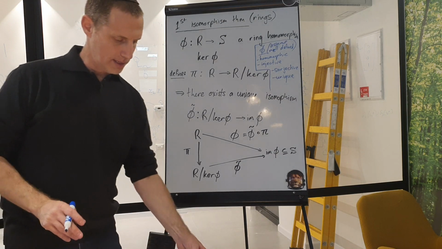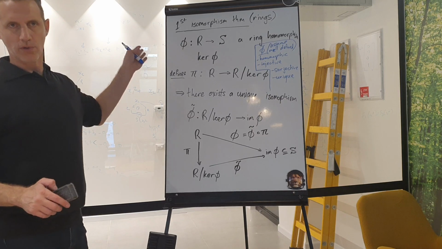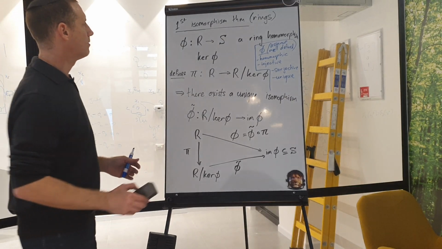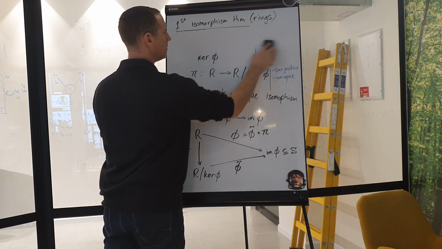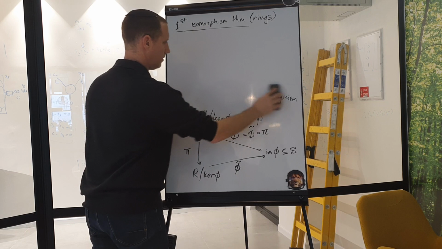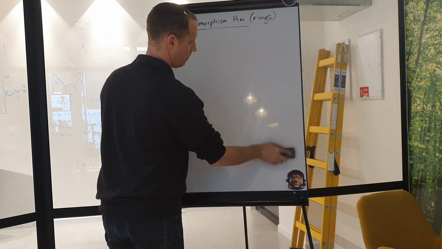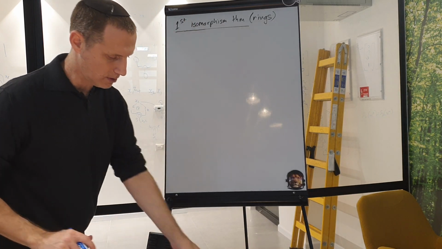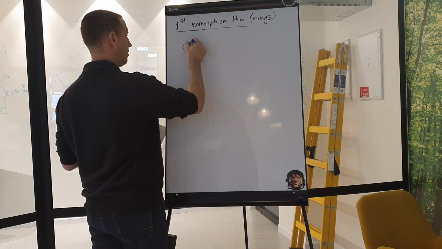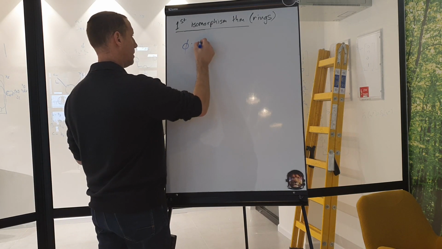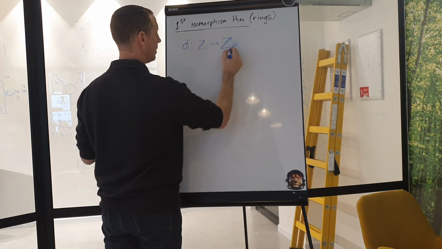Now, just quickly, and this will really just take 2 seconds. We're going to show how to use it on our favorite example. Okay, so using the same terminology and just to show why we care, right? Why this is useful. So if we have phi that is Z to Zp, right?